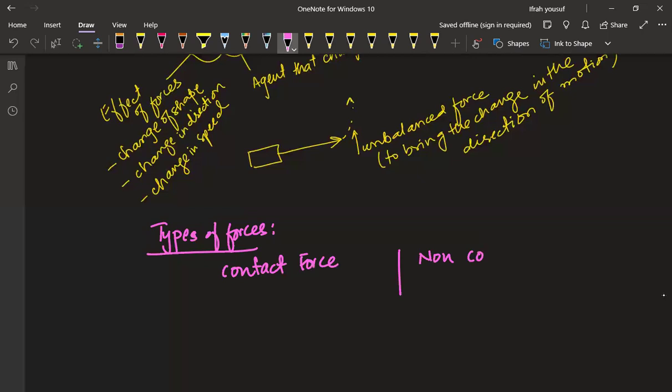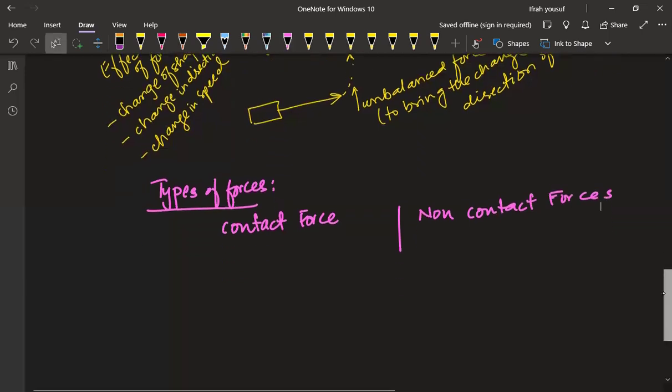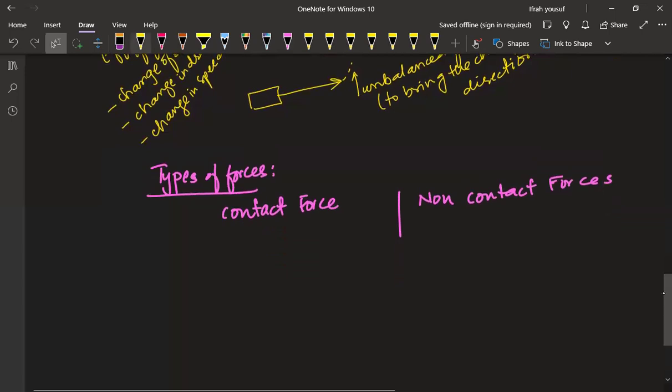Are you getting my point? Why am I categorizing the types of forces? Because there are other forces that are in contact, but in our syllabus they are just talking about the gravitational force and the electrostatic force, right?